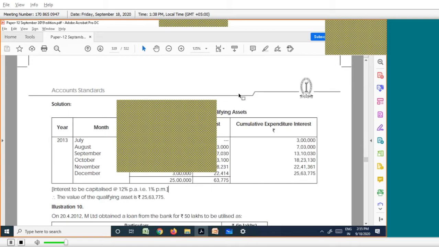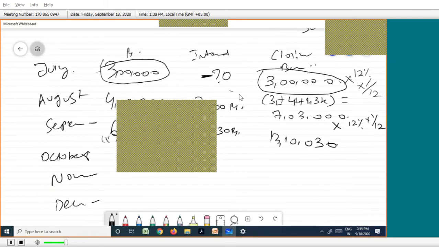So whatever the interest paid up to December month should be capitalized. Thereafter, whatever paid need not be capitalized, should be debited to P&L.